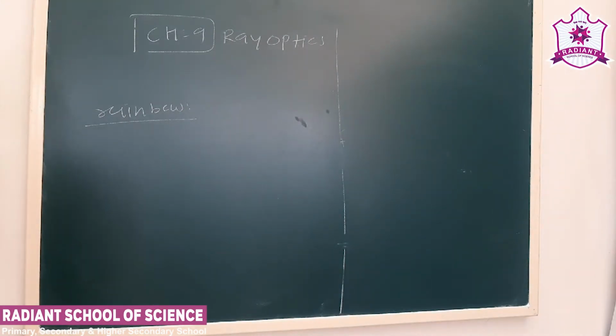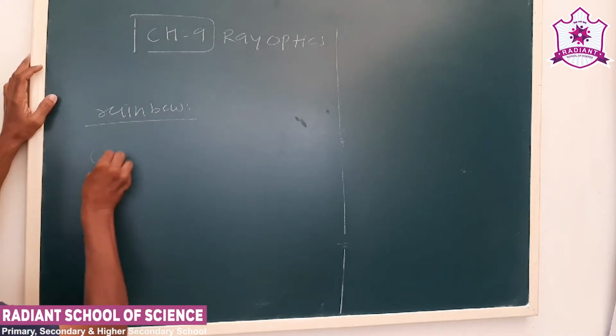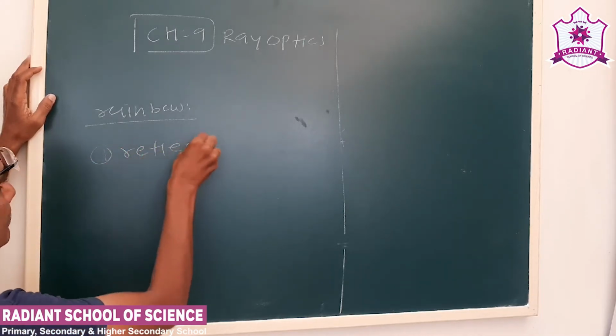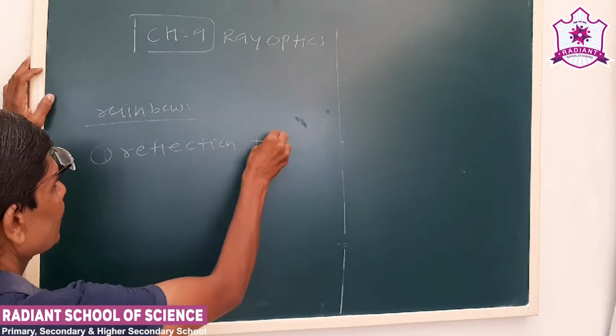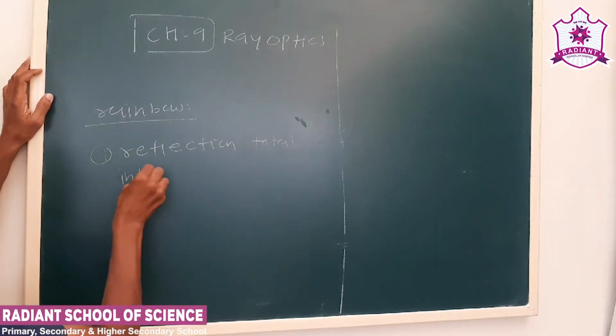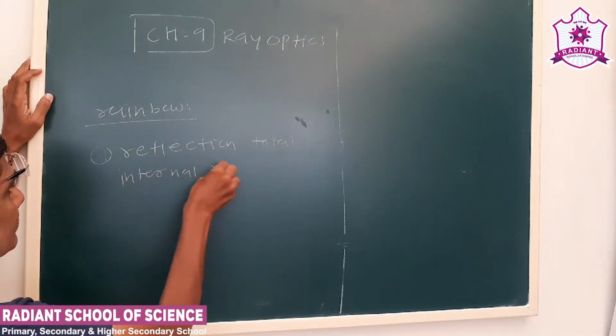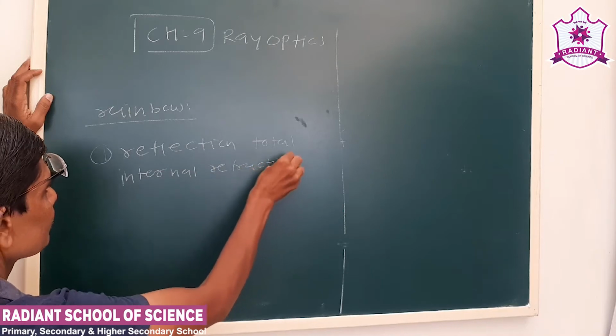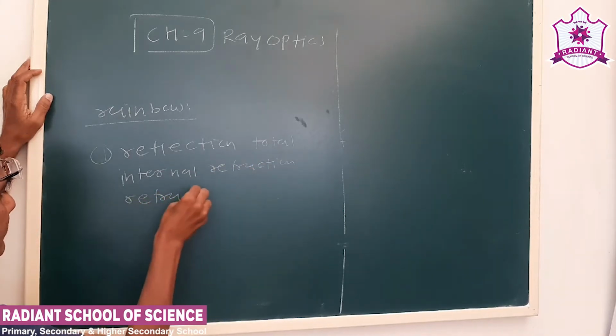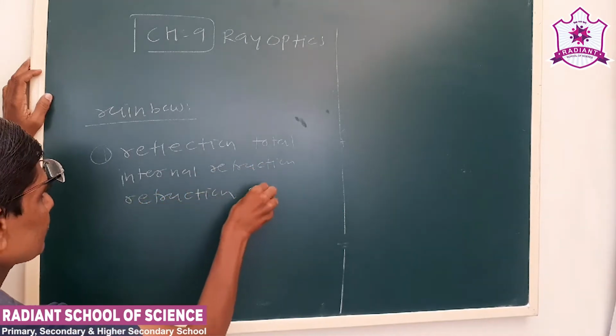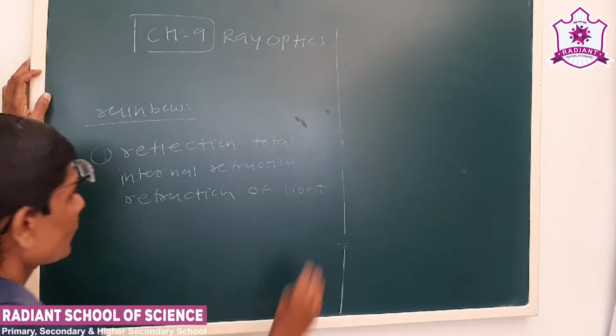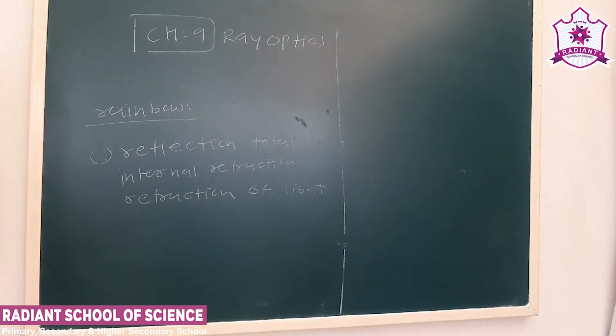This is a phenomenon taking place because of reflection, total internal reflection, and refraction of light.